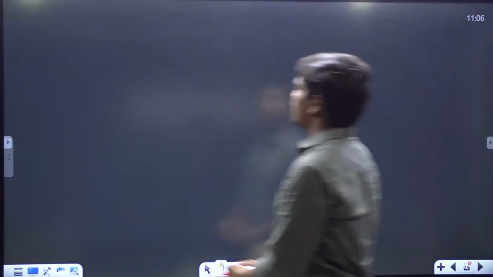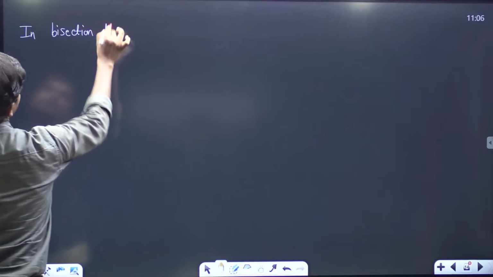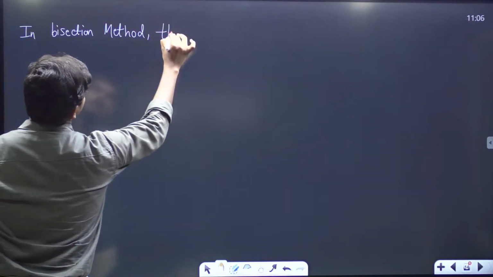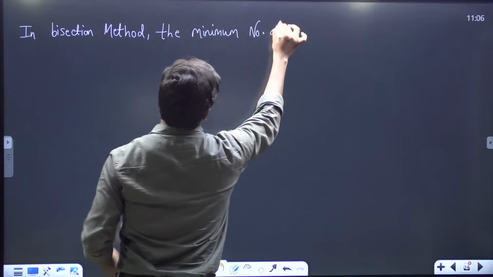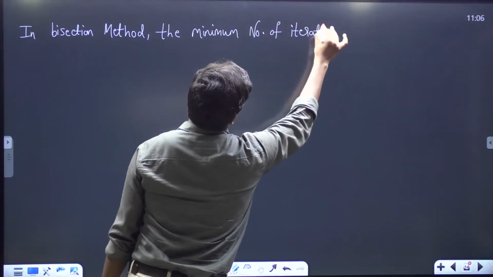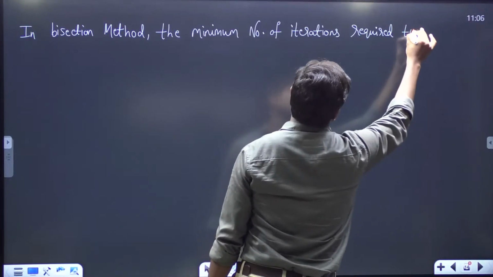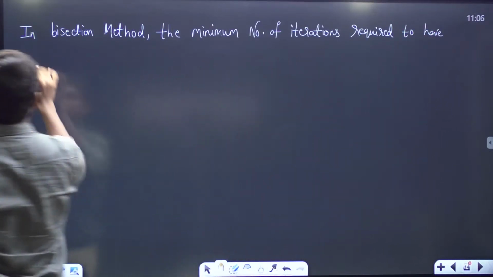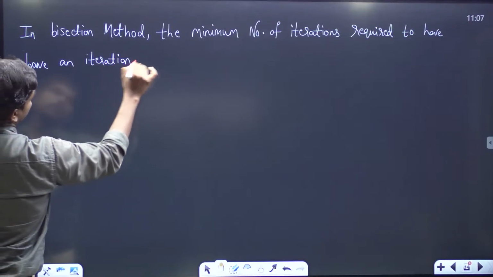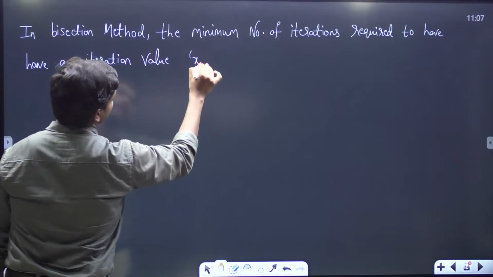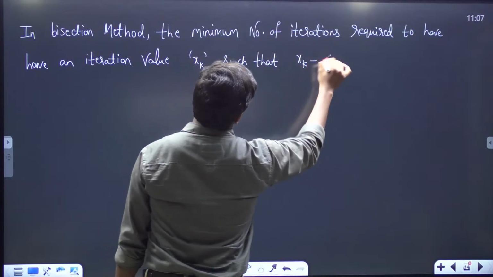One more thing I would like to tell you, in bisection method, the minimum number of iterations required to have an iteration value xk, meaning in the kth iteration, such that xk minus alpha is less than epsilon.